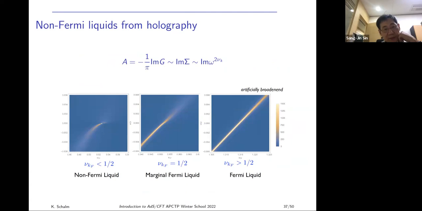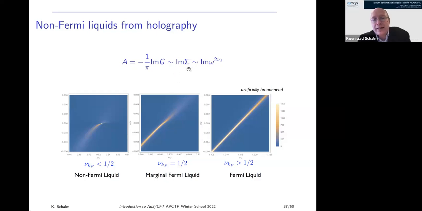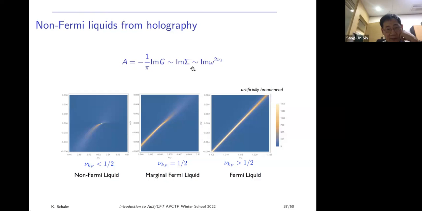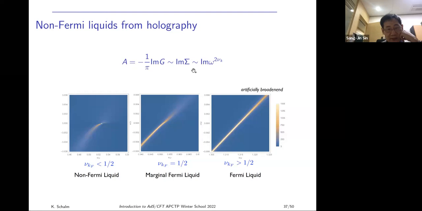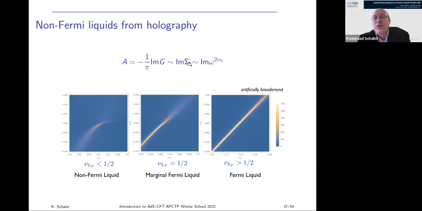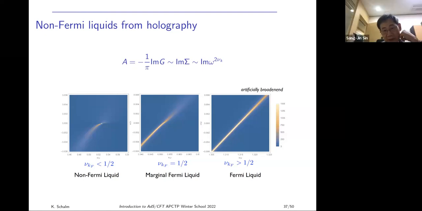So what is confusing me is that this is the bright trajectory or whatever coming from the pole of the G, not the zeros. So if you have just omega to the 2 nu k, it doesn't reveal anything about this. There's a denominator here which I haven't written down. That gives you the pole, right? But the strength of the pole is proportional to the imaginary part of sigma.